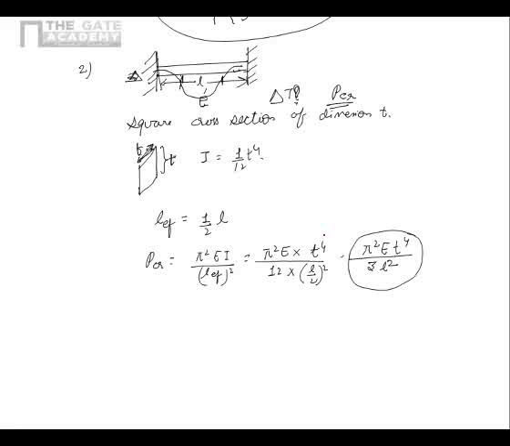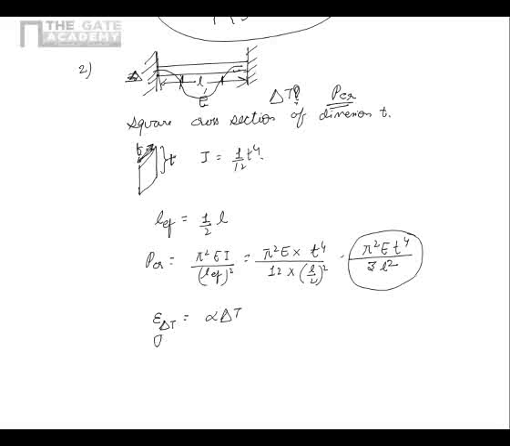Now what is the delta T which is required to create this kind of force? Now we go to the theory of thermal expansion. There we know that the thermal strain is equal to alpha into delta T, assuming alpha is the coefficient of thermal expansion for this bar.